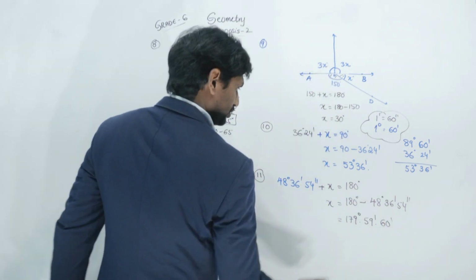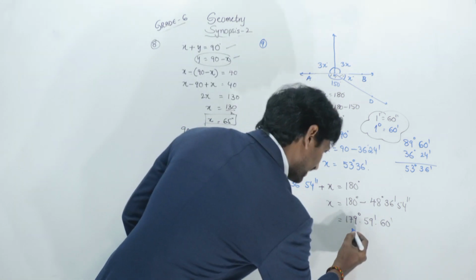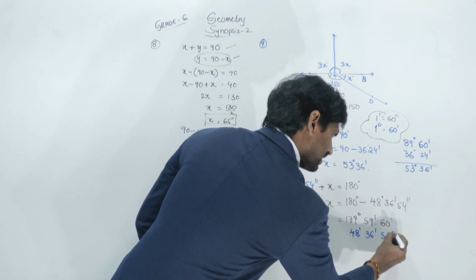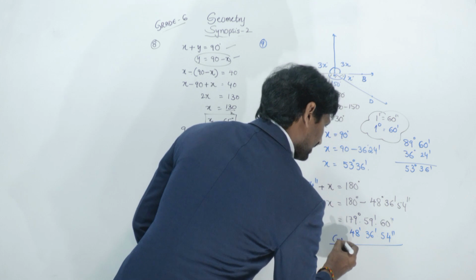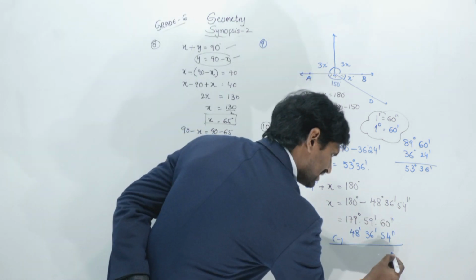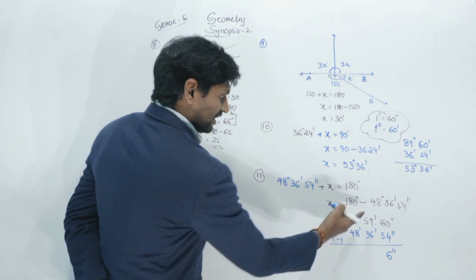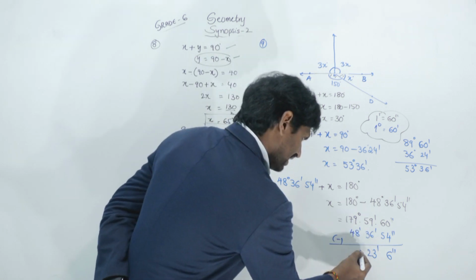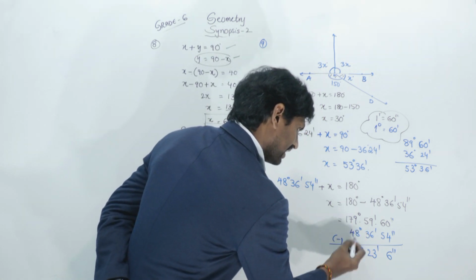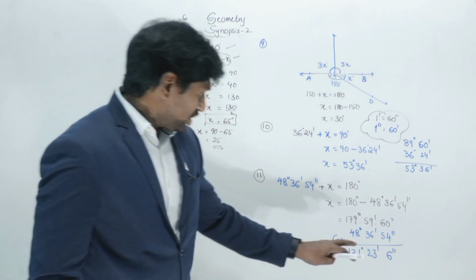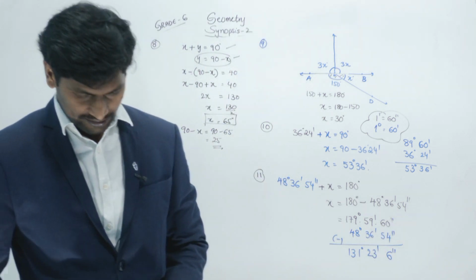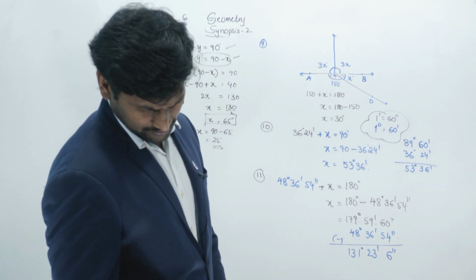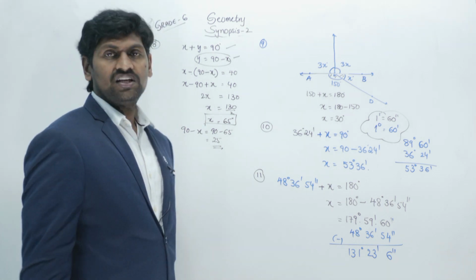Now I am subtracting 48 degrees, 36 minutes, 54 seconds. 60 seconds minus 54 seconds is nothing but 6 seconds. 59 minus 36 minutes is 23 minutes. And 179 minus 48 is 131 degrees, 23 minutes and 6 seconds. Option 1.